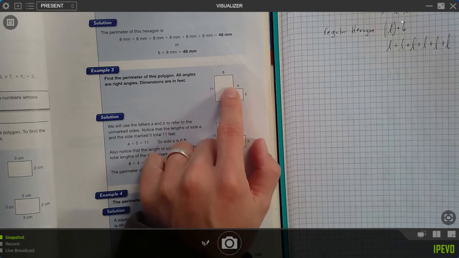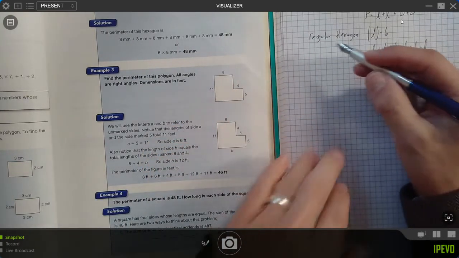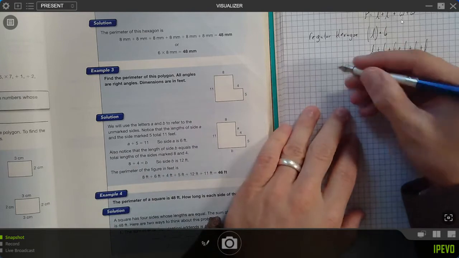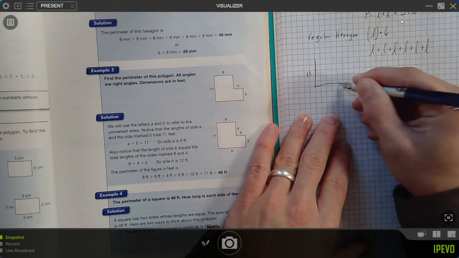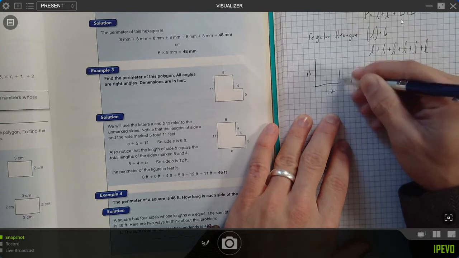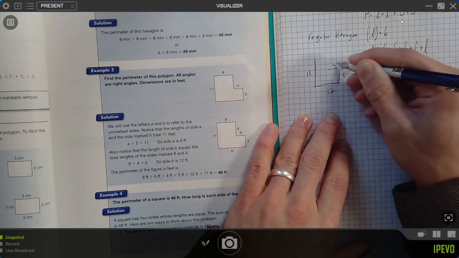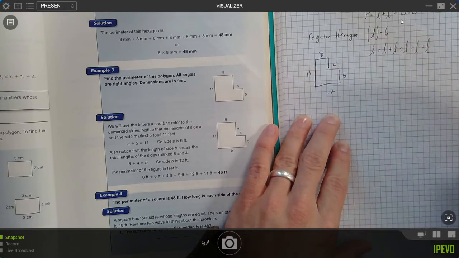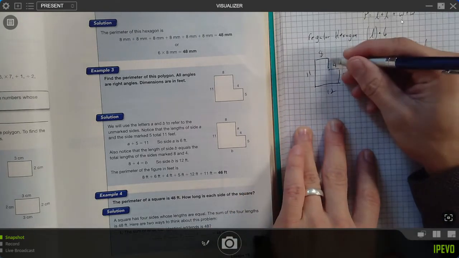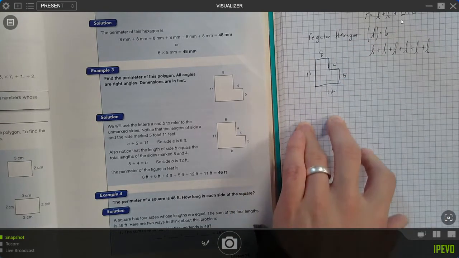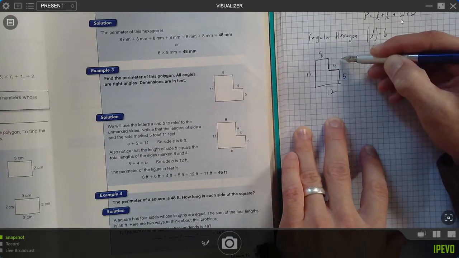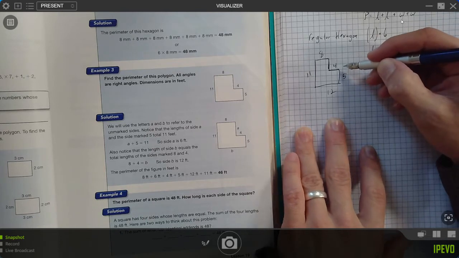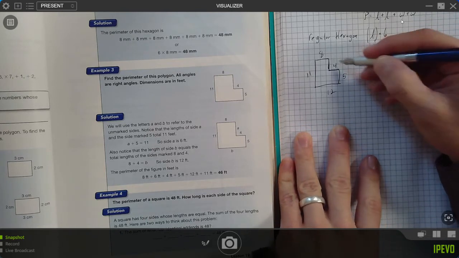But here, once we find the space here, so that's 11, that's 12, 5, 4, 8. This length here and this length here, right? 4 and 6. So this one's 6, right?